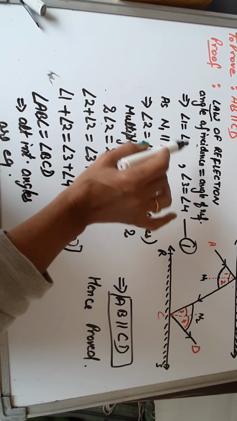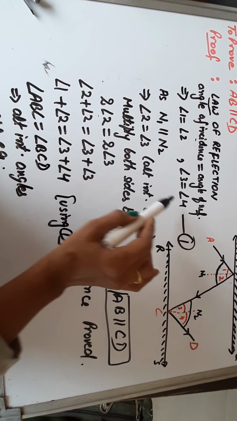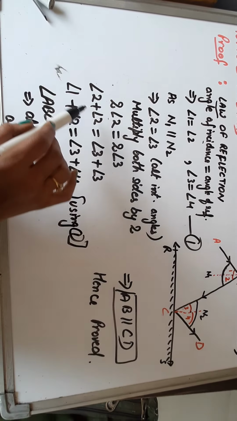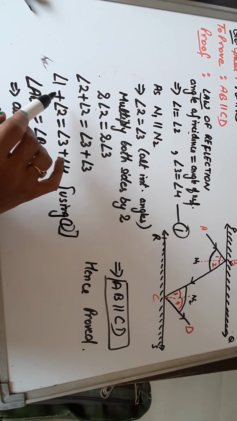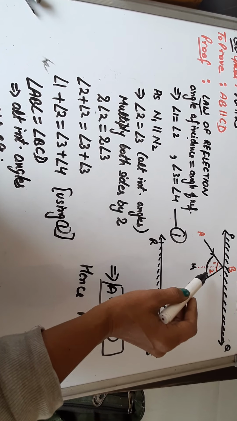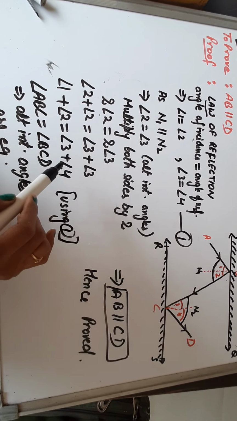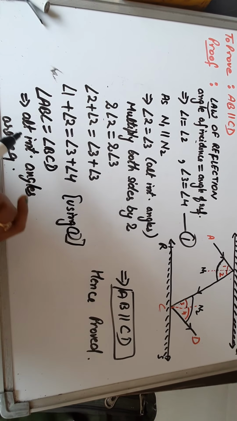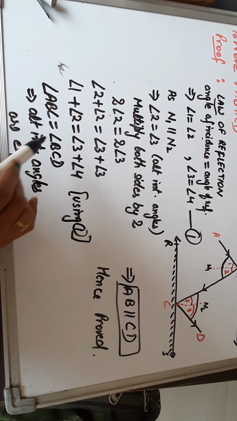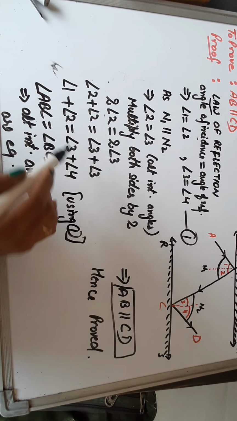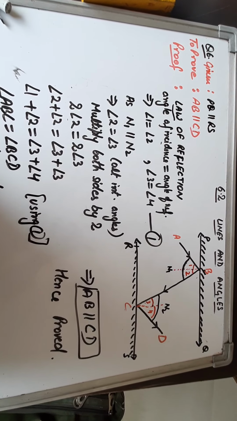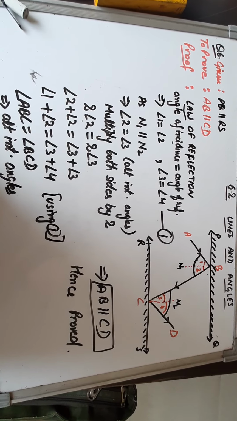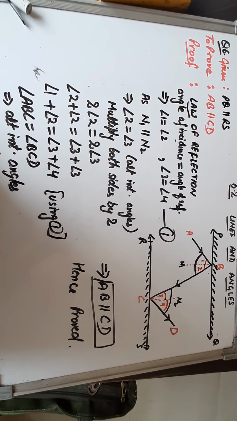One angle 2 will be replaced by angle 1 and one angle 3 will be replaced by angle 4. Looking into the figure, I can see that angle 1 plus 2 becomes angle ABC and 3 plus 4 becomes BCD. Both are alternate angles and we have shown them equal. That's why the lines must be parallel. So in this way you can solve this question. I hope the question is clear to you. Thank you.